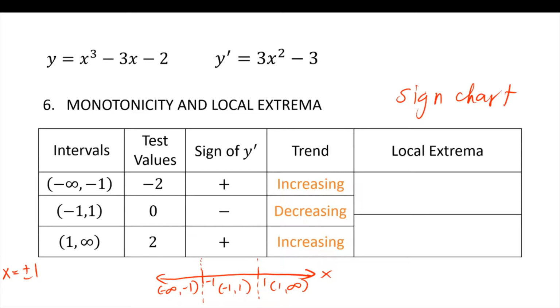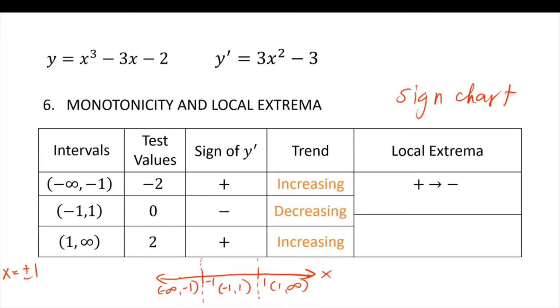Again, if positive, increasing. Lastly, we test if the critical point is a relative maximum or a relative minimum by looking at the change in the trend of the curve from one interval to another. Okay, so first one, there is a change from increasing to decreasing.